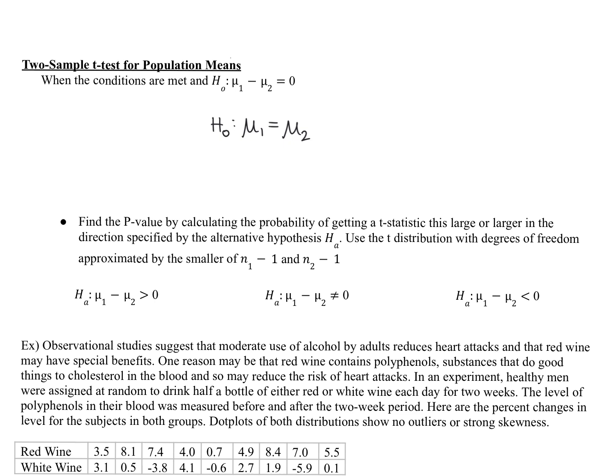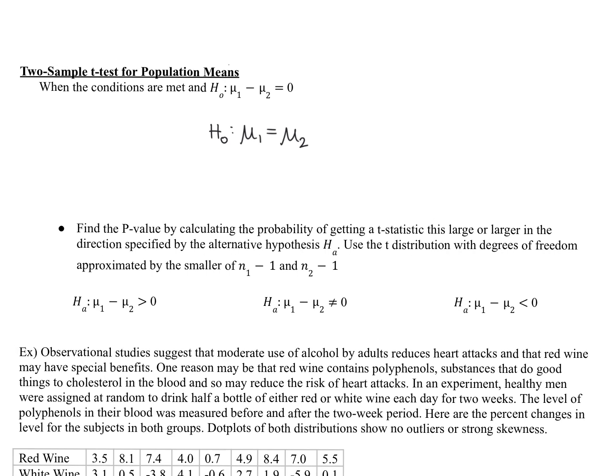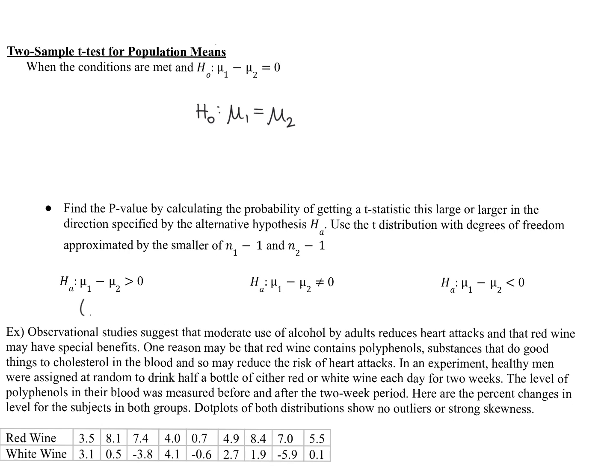And then you're going to choose your alternative hypothesis based on the wording of the problem. It can either be that their difference is greater than 0, their difference is not 0, or their difference is less than 0. You can also say mu1 is greater than mu2, mu1 does not equal mu2, or mu1 is less than mu2.